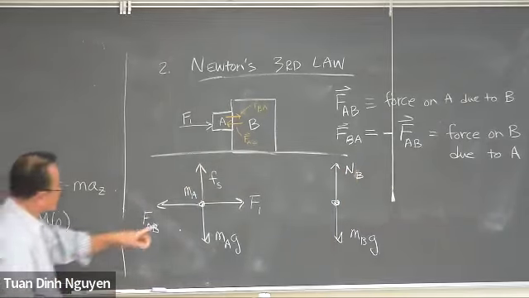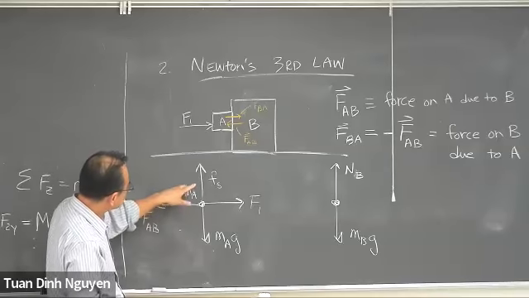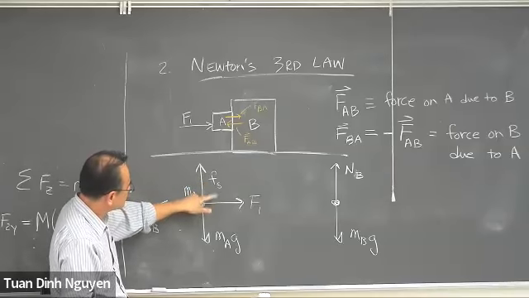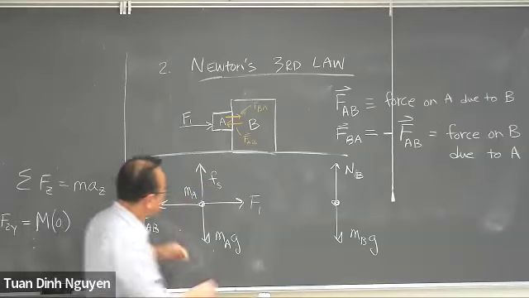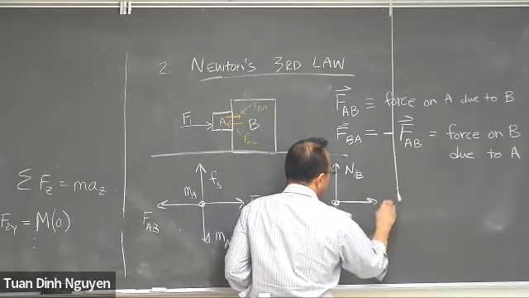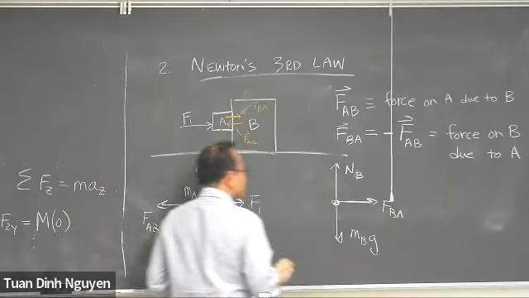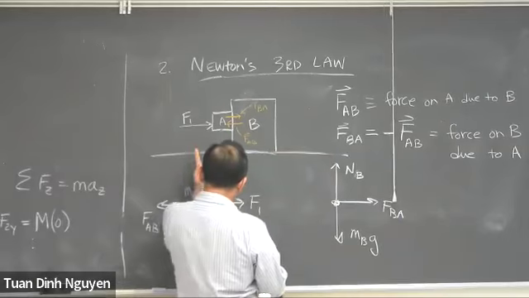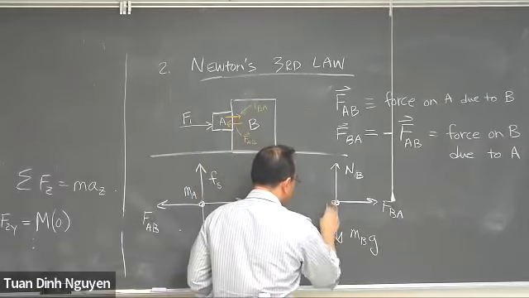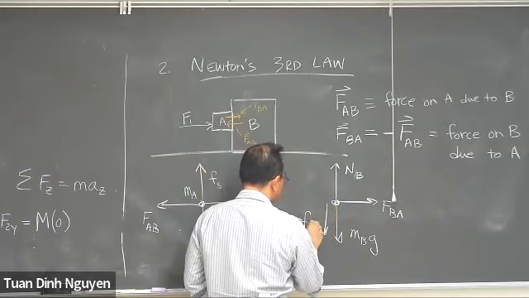Then it has these two contact forces as well, this one and this one. So FAB is going to the left, and you'll have an FBA going to the right. And then you'll have friction, which is up, and B will feel the friction that's down.